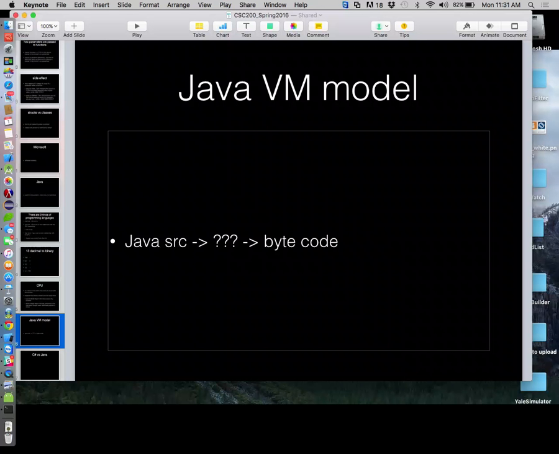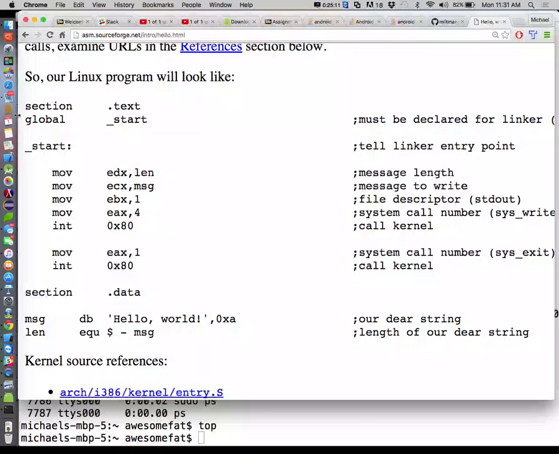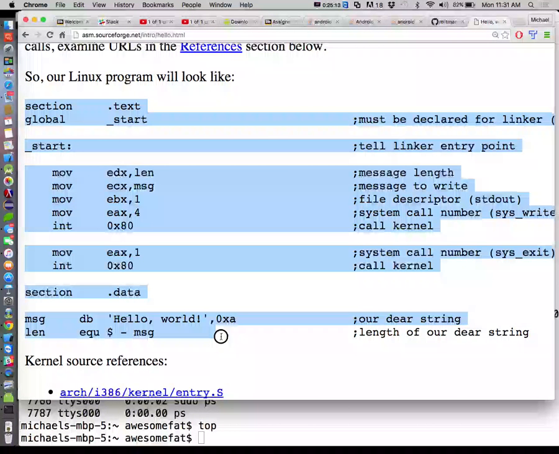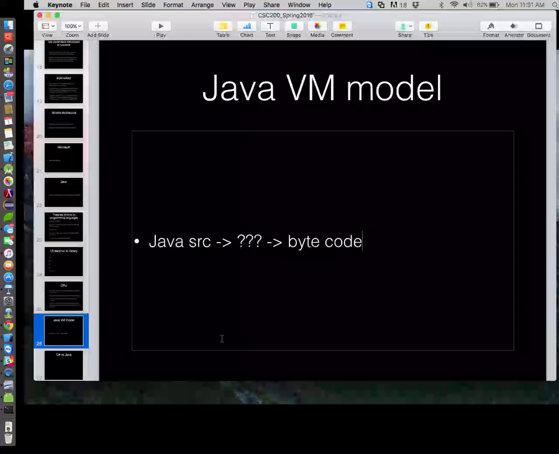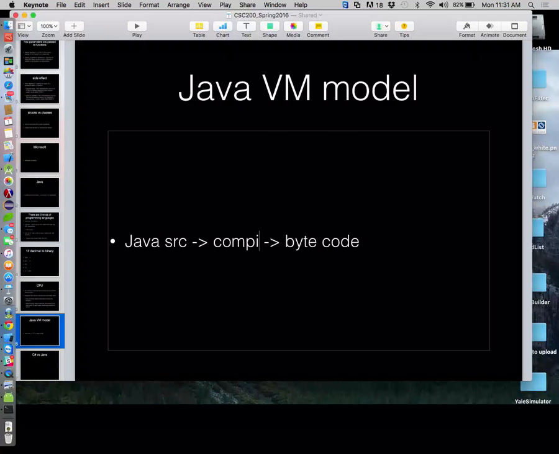That System.out.println line of code we might write ultimately needs to be converted to something that looks like this. But instead of us doing that conversion, we're going to have a piece of software that somebody else wrote do the conversion for us to make our lives easier. This tool here is something called a compiler.